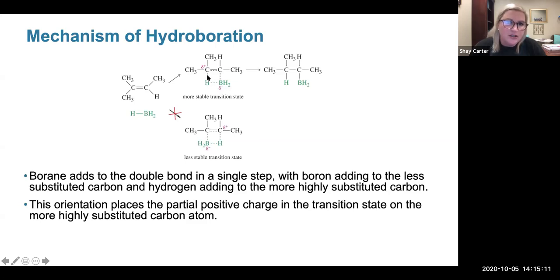And our hydrogen adds to our most substituted carbon, and the boron from our borane adds to our least substituted carbon, so that when we do our oxidation step, we cleave off of our borane and add our OH group, and we end up with an anti-Markovnikov hydroboration oxidation product.